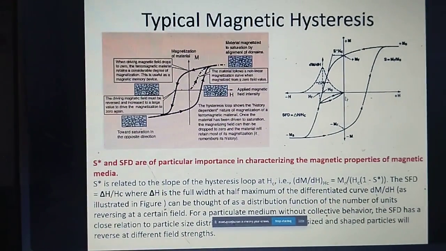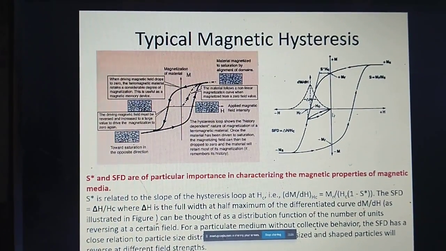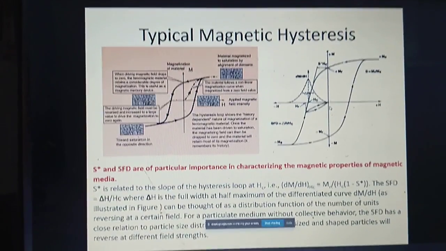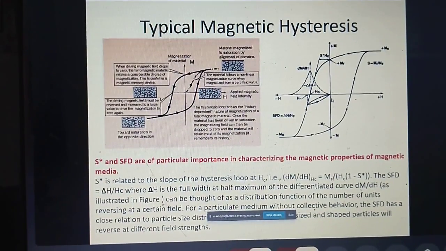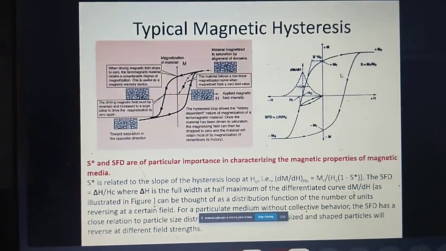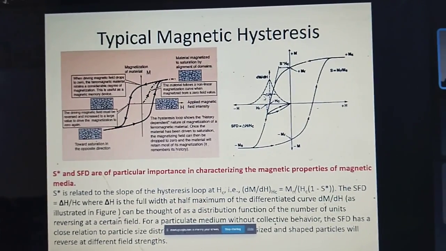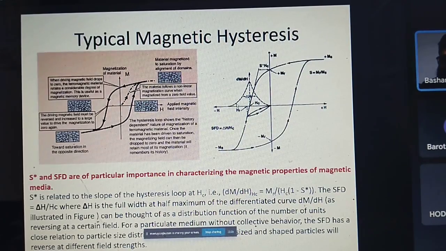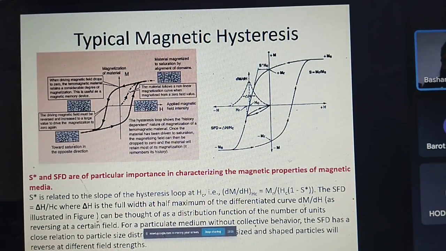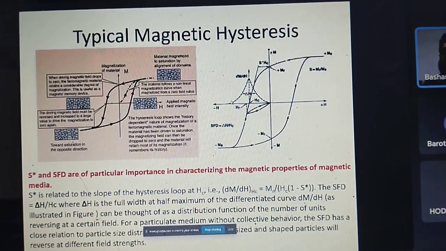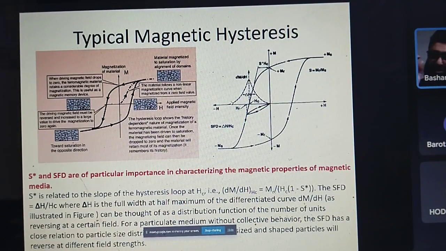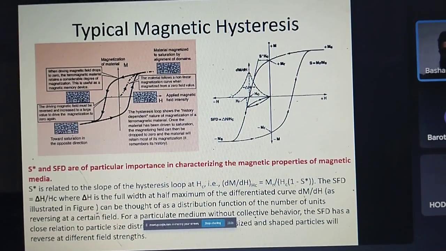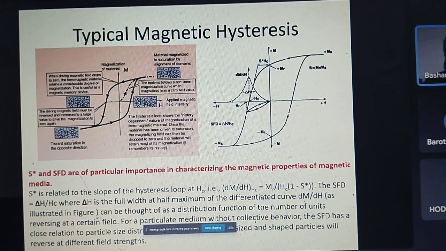It tells you how much your switching field distribution is in your system, how your particles are behaving. Actually, we require that this distribution should be as minimum as possible. We require that this distribution curve, which is shown as a Lorentzian, should be like a delta function, like a Dirac delta function, so that the porosity happens at a particular magnetic field. But of course, there's a distribution. We need to look at this distribution.